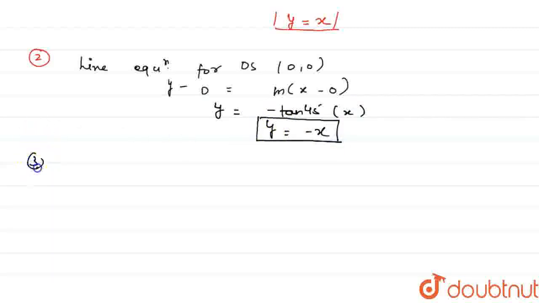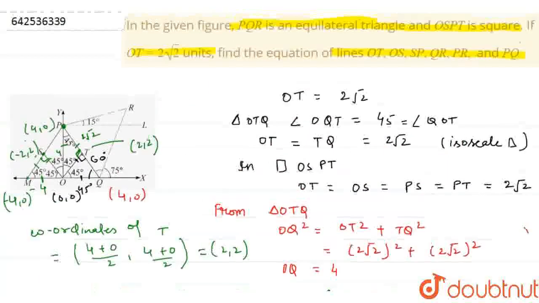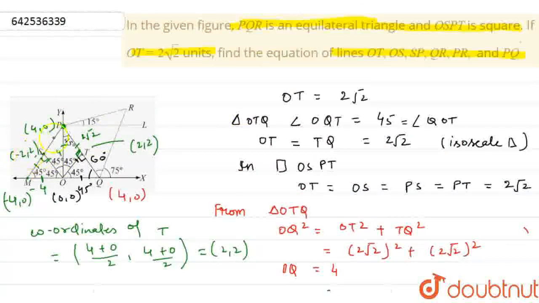Now come to the third line equation, the line equation of SP, right? So we see this SP. This is SP, right, which is passing from this point -2, 2 up to 0, 4, right?